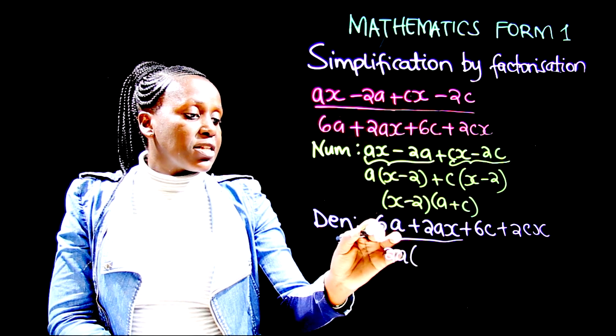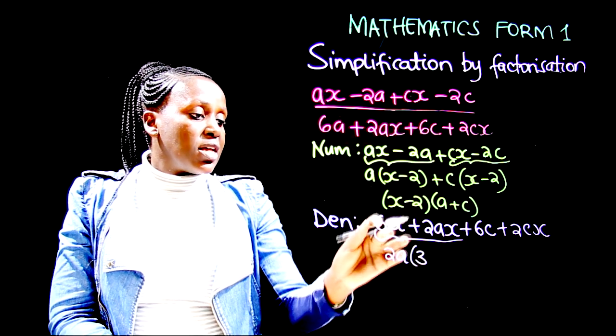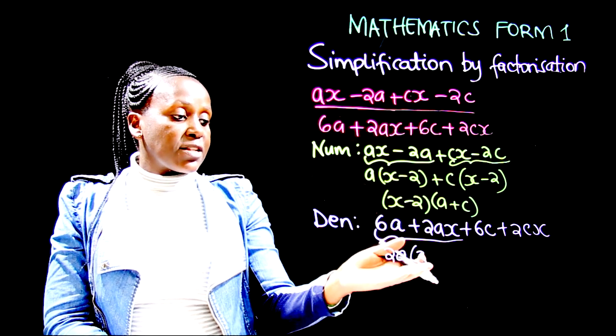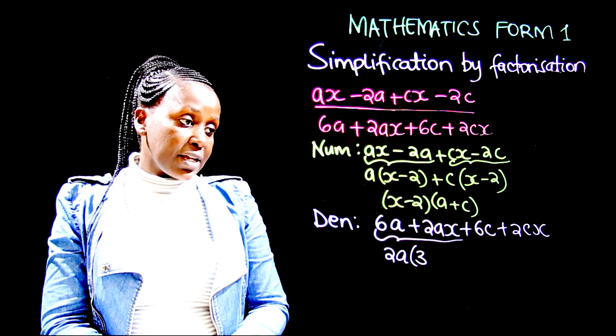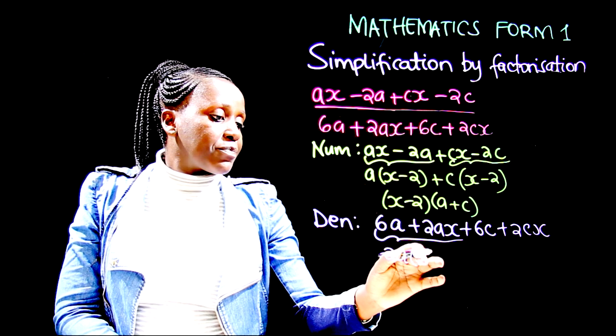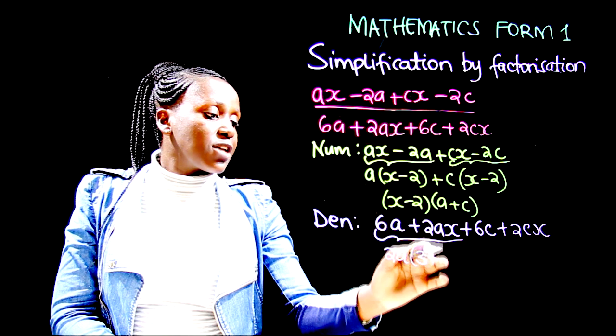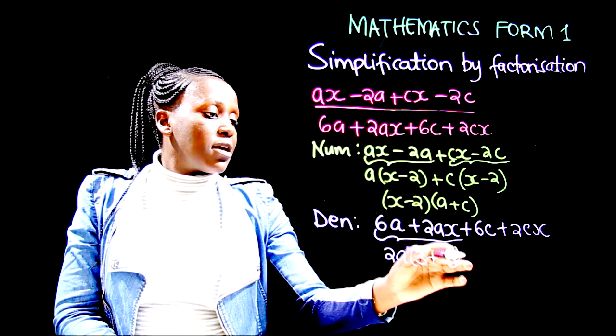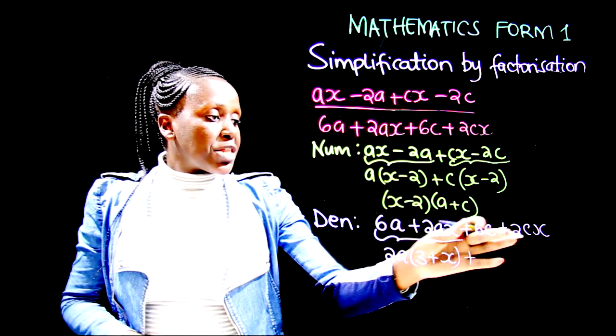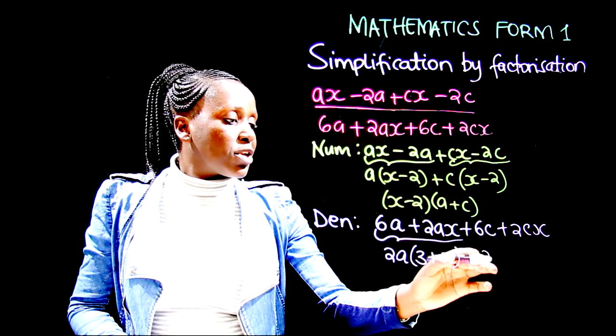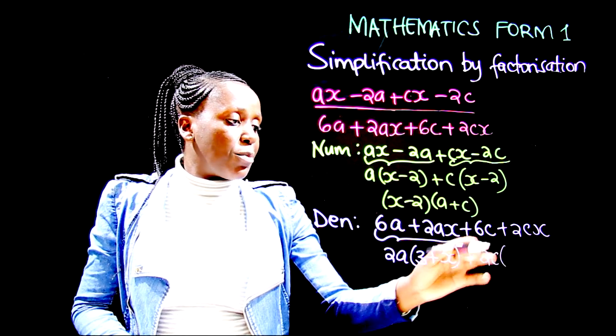So we will have 6 divided by 2 is 3. Since the a is already outside the bracket, we won't have it inside the bracket. Then plus 2a is outside the bracket, so here we have x. Then plus, between these two, 2 is common, and then c is also common.